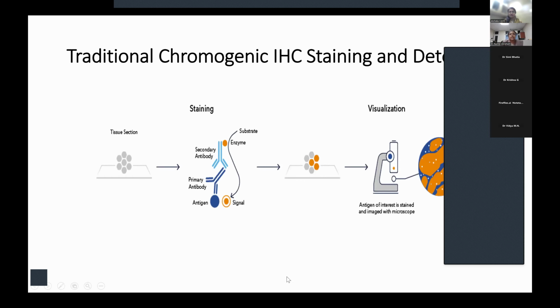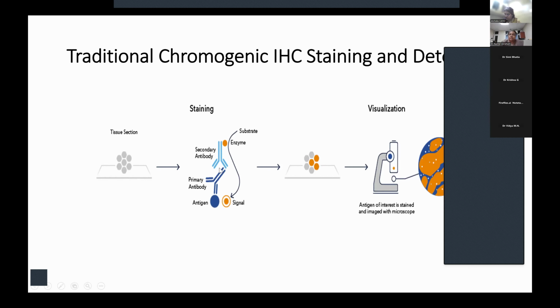If we look at the workflow of IHC in tissue biopsy, here we have a tissue section on the glass slide, and we apply a primary antibody to the section. If the target antigen is present in the tissue, an antigen antibody complex will form.